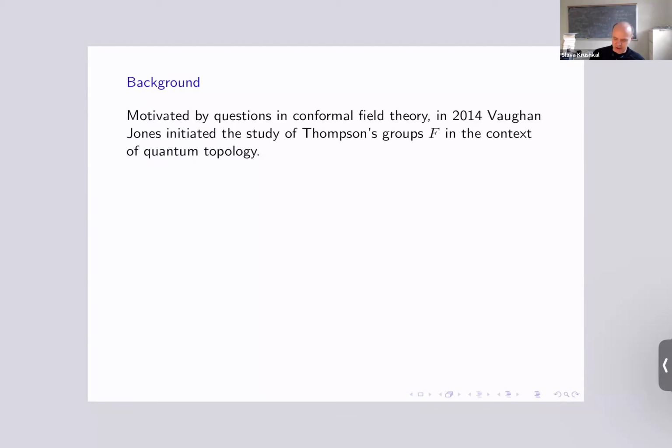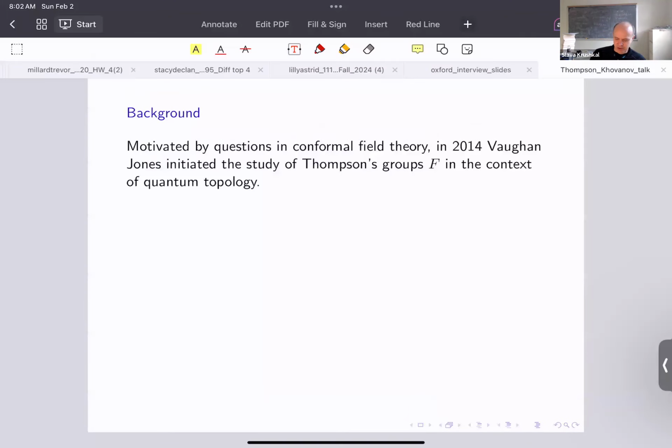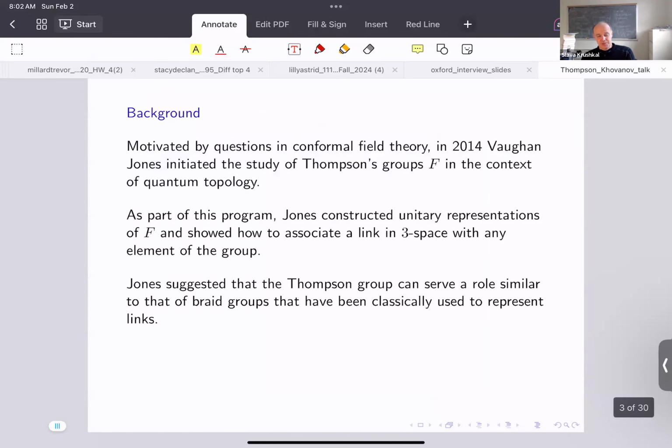So there are several versions of this Thompson group, and I'll focus on Thompson group F, which is also most of the context for Vaughan Jones's work as well. And as part of this work, he constructed unitary representations of the Thompson group F, and he also showed how to construct links in 3-space starting from elements of the Thompson group.